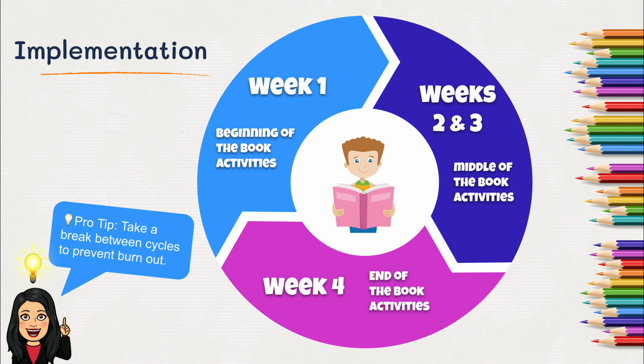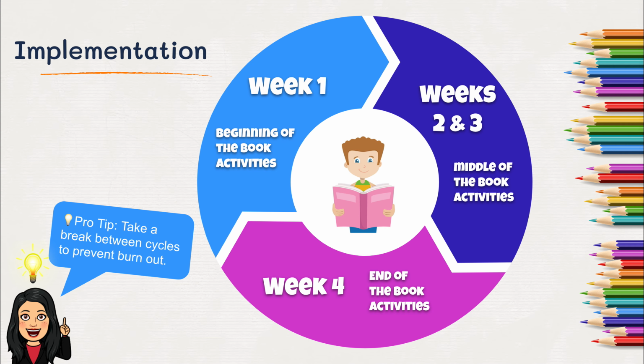So when looking at implementation, when I used book clubs, I always did 4-week cycles. I was an upper elementary teacher, so your students may be younger, which may need shorter cycles. Older students can do longer cycles. But the first week we would focus on beginning of the book activities. And then the second week and third week we would focus on middle of the book activities.